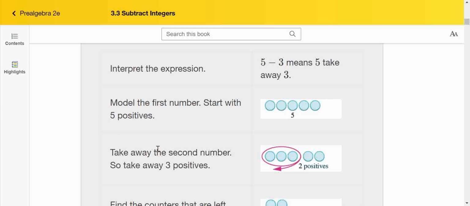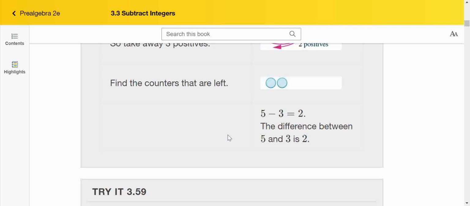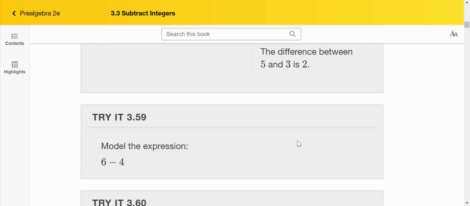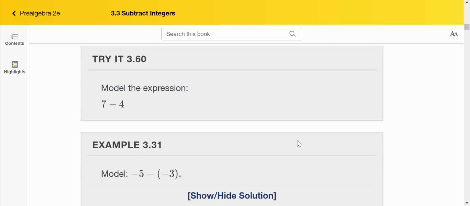We will take away the second number, so we take away 3 positives. Find the counters that are left, and that's 5 minus 3 equals 2. The difference between 5 and 3 is 2. Got some try it problems.